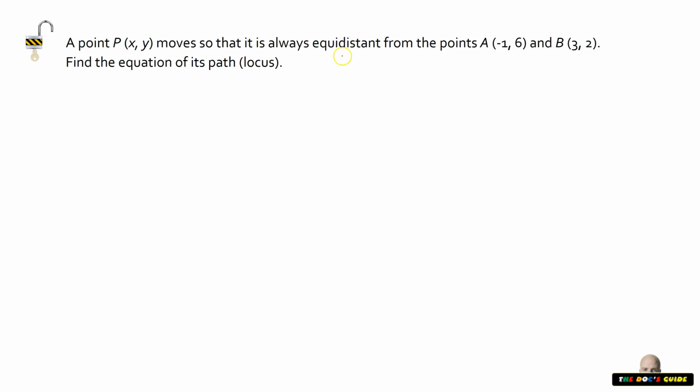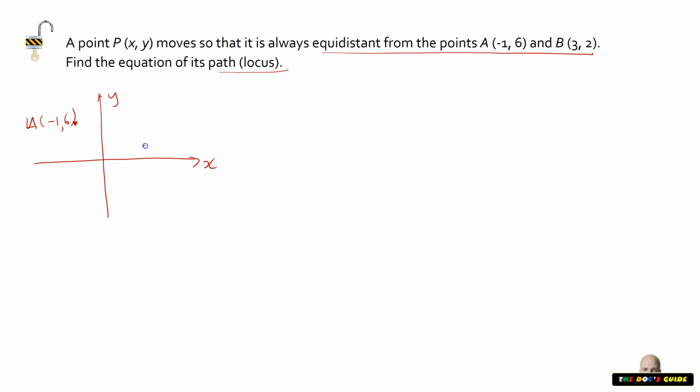A point moves so that it's always equidistant from these 2 points, and we want to find the equation of its path or locus. So our first task is to draw a graph, draw a sketch. So here we have our axes, and we want 2 points, A(-1, 6), so here, so obviously not to scale.